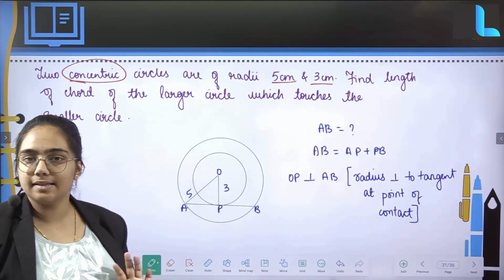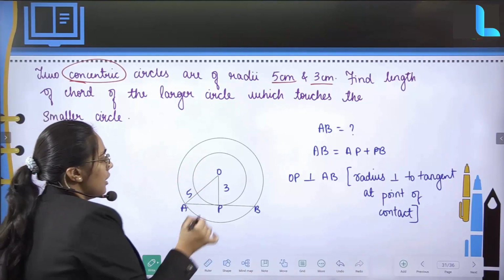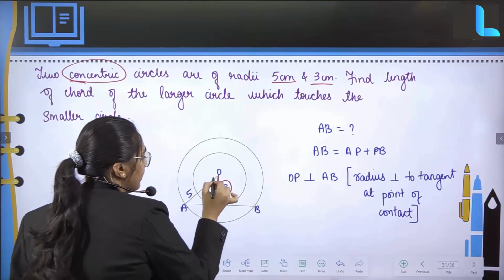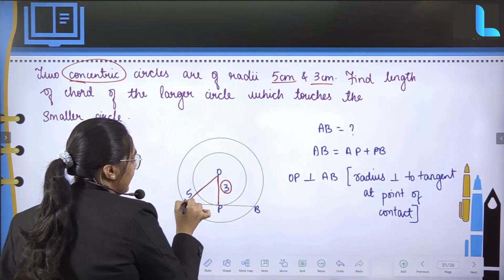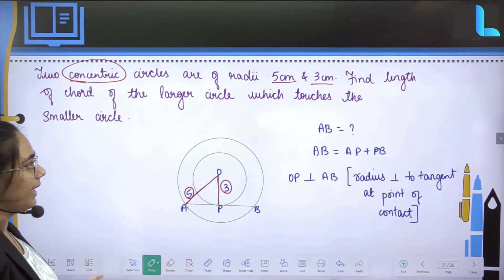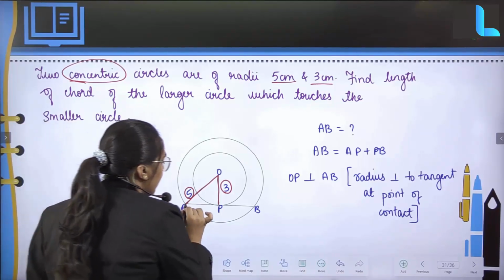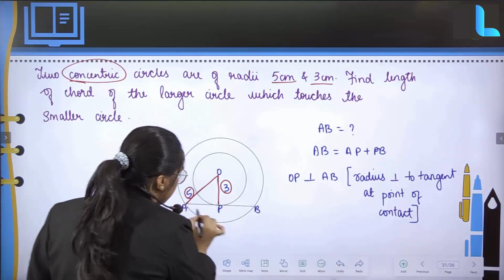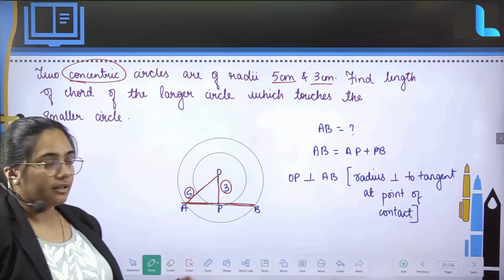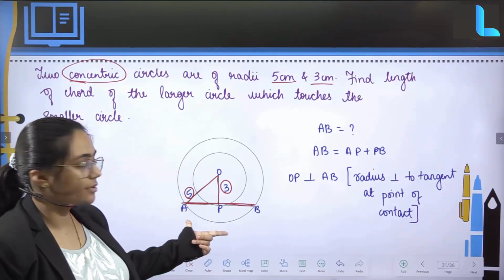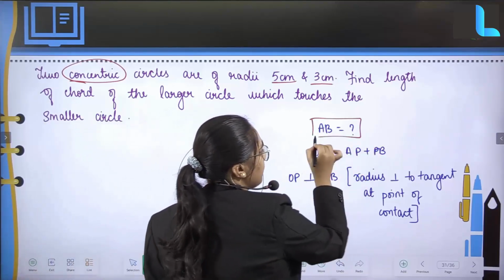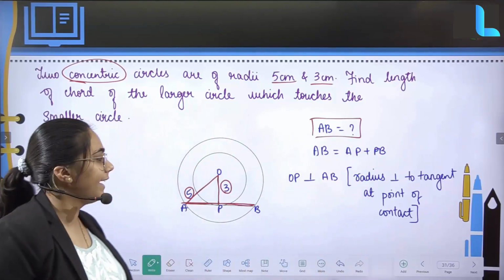As you can see, these are the concentric circles. For the smaller circle it is going to be 3 centimeter, and for the larger circle the radius is going to be equal to 5 centimeter. This is what they have provided, and they have asked you to find the chord of the larger circle that touches the smaller circle. The chord is AB, which is what you have to find. So AB is equal to question mark.